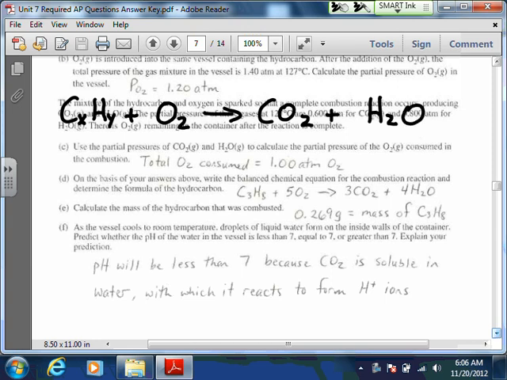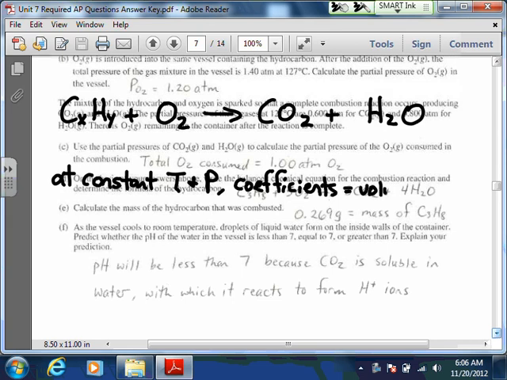Now the other thing we know here, and we talked about this kind of in reverse in class, we talked about the fact that at constant temperature and pressure, the mole ratio, or I guess I should say the coefficients, equal a volume ratio.